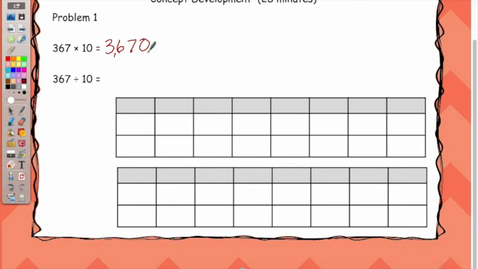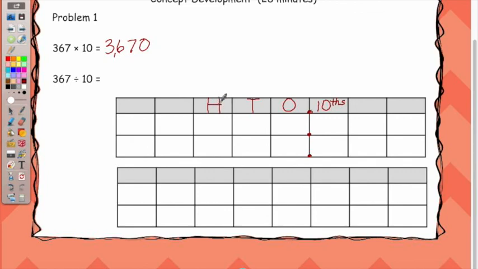367 divided by 10. Can I take a 0 off the end? No, so we will put it on the place value chart. 1, 2, 3 decimal. Get your decimals on there first. You only have to label these place values.